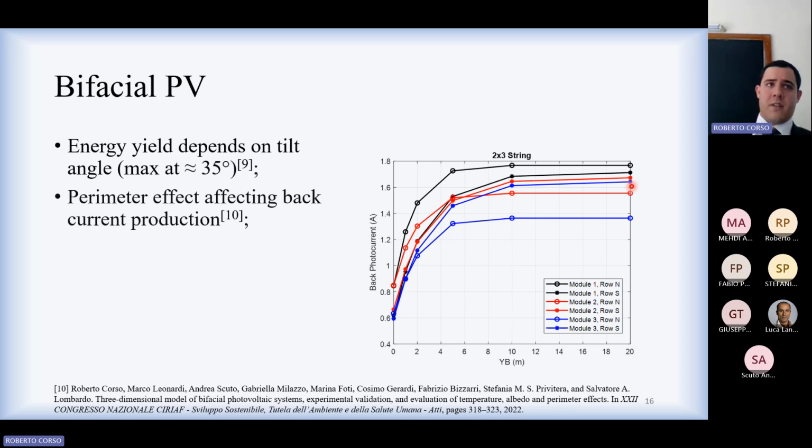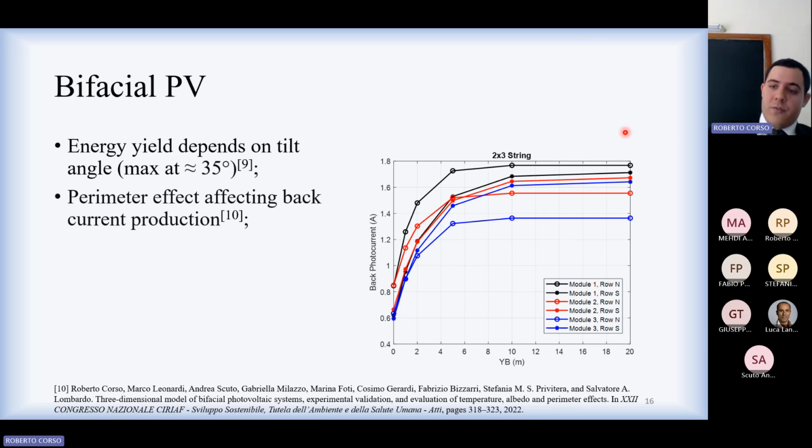This is, of course, because of the shadow cast by the module on the ground elements. Shadowed ground elements, of course, will not contribute to the reflected components of irradiance.